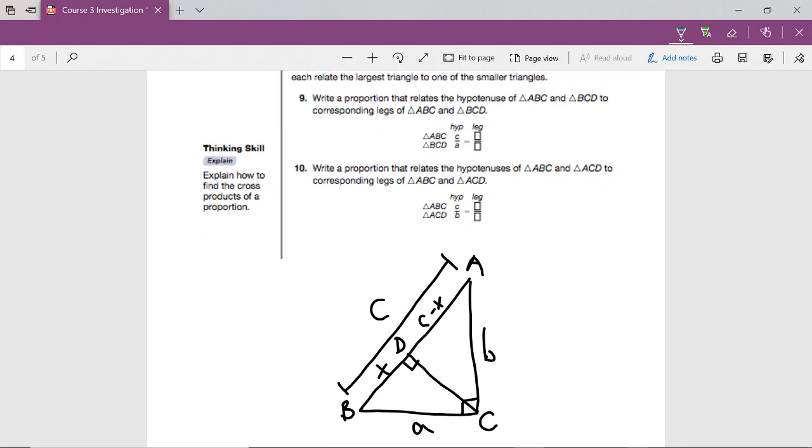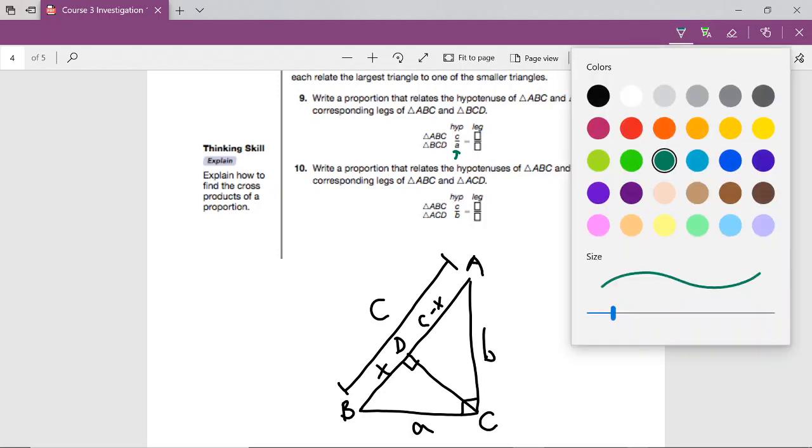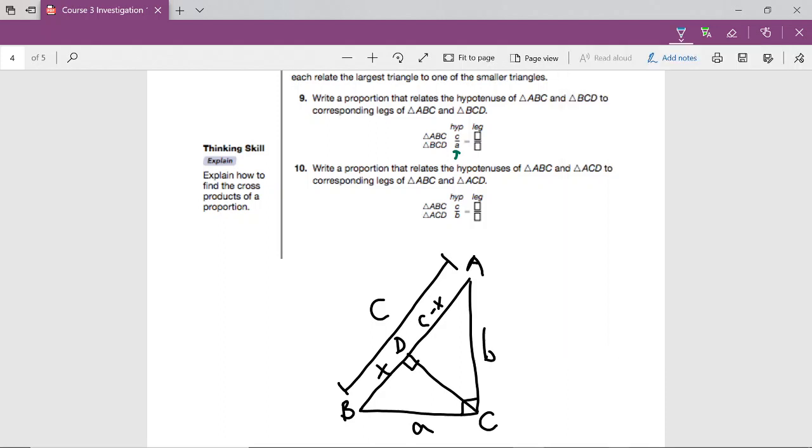So we're going to start with number 9. We're looking at the big triangle ABC and one of the smaller triangles, this one right here, BCD. Okay, so if we are looking at these two similar triangles, we know they are similar. I'm going to start my proportion right here. Triangle ABC is going to go on the top of my proportion, and BCD is going to go on the bottom. And the hypotenuse of each of those, for triangle ABC, I'll do in this blue, the hypotenuse here has length c.